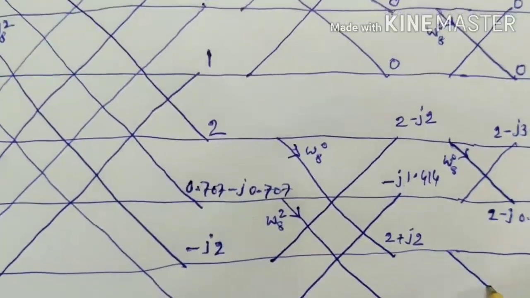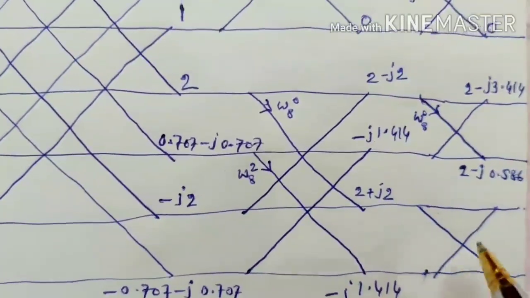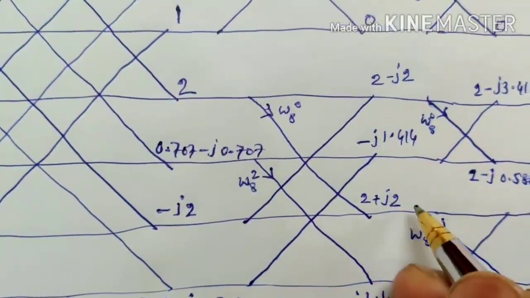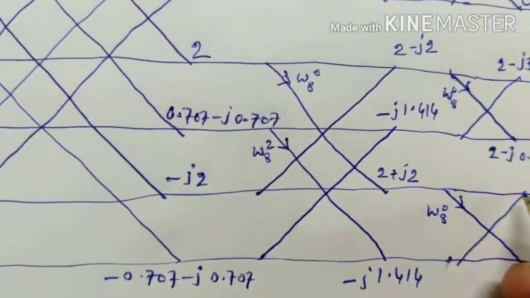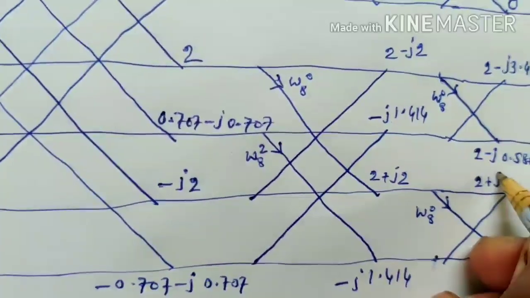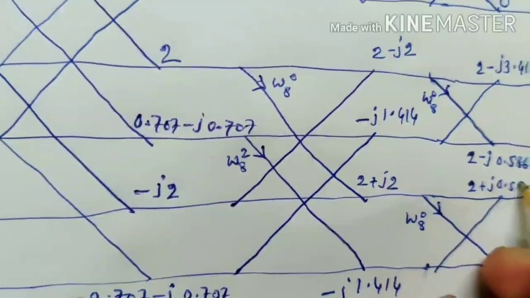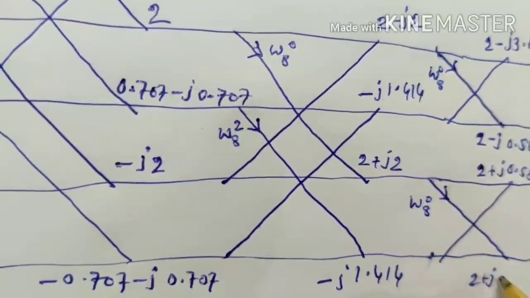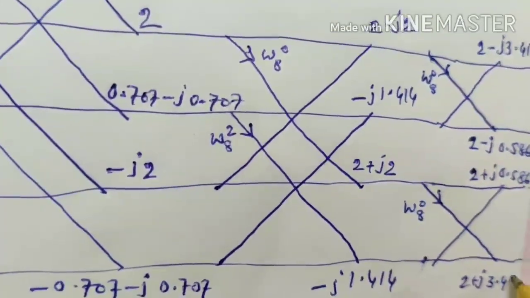And similarly for the last case, with twiddle factor omega 8^0, this value will be 2 plus j 0.586, and that value will be 2 plus j 3.414.